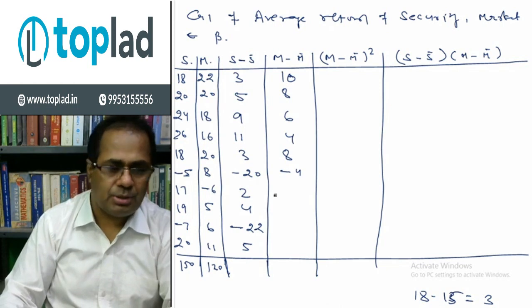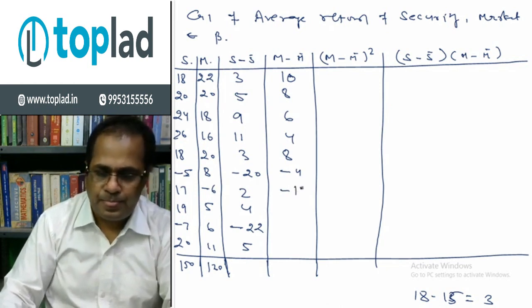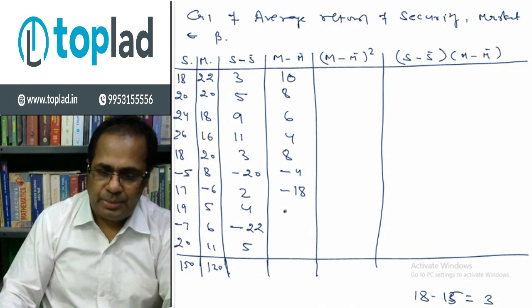Minus 6 minus 12, minus 18. 5 minus 12, minus 7.